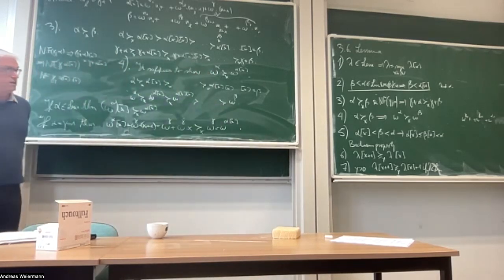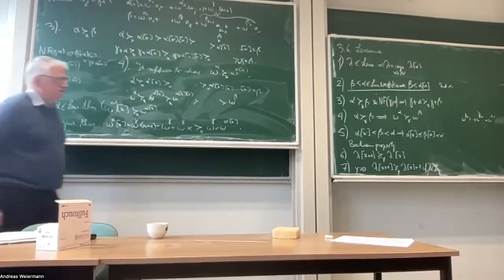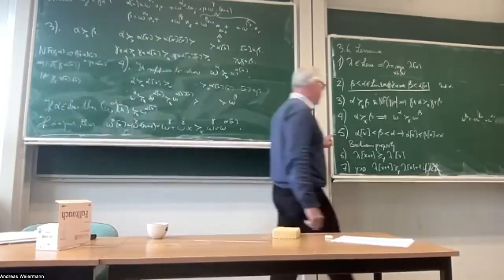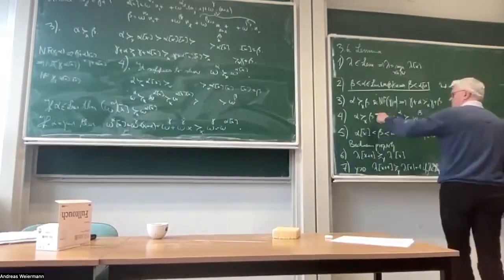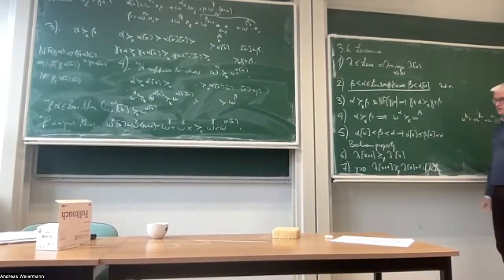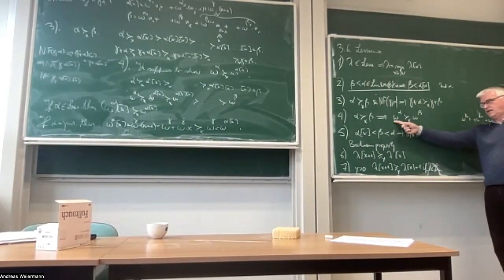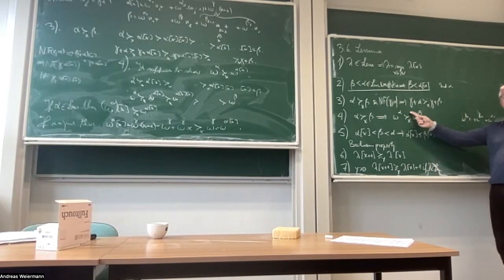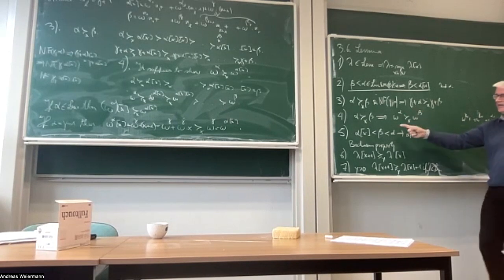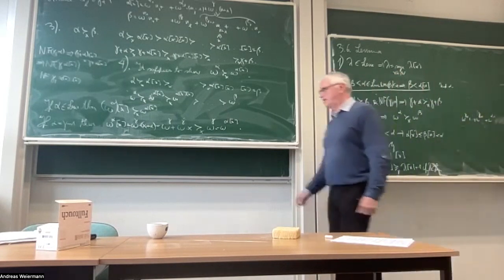So the proof is easy, but what is the point? The point here is you use many steps from alpha to beta. You might need an astronomical number of steps to go from omega to the alpha to omega to the beta. So the number of steps can here be much, much bigger than the number of steps needed here.